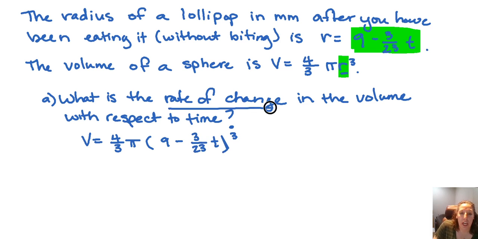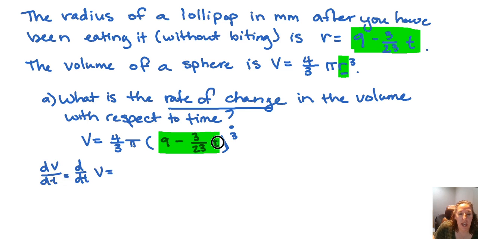To find the rate of change, remember rate of change means take the derivative with respect to time. So that's going to be d dt of our volume. You also might see this as dV dt. So if we take the derivative of this, our inside piece here is 9 minus 3/23 times t. 4/3 times pi is just a coefficient.